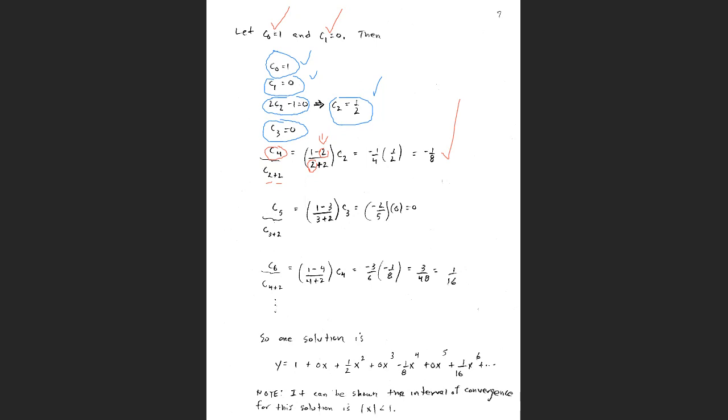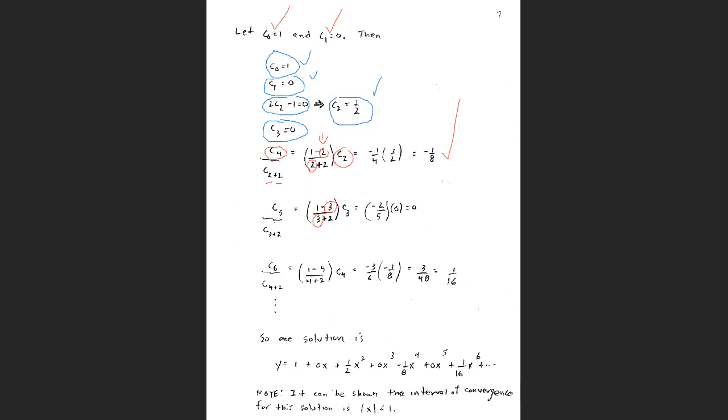C sub 4 is equal, good question, to -1/8, because remember, C sub 2 is a half, and a half times -4 is -1/8. C sub 5, well, there k equals 3, right? Because 3 plus 2 is 5, and you're going to get -2/5 times C sub 3, which is 0.